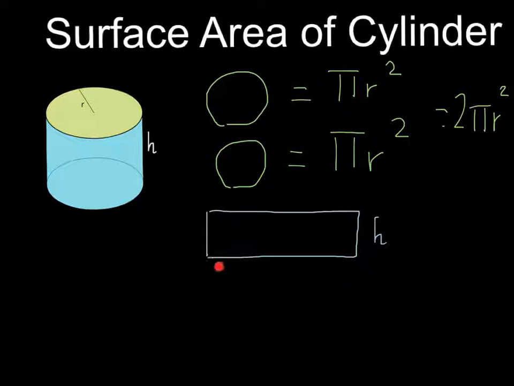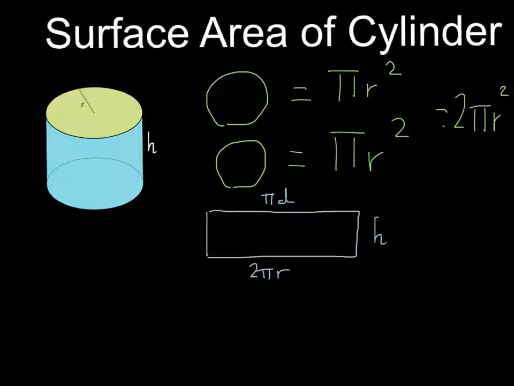But because it's rectangular, we need to find the length. What is the length? The length corresponds to what goes on around here. That is actually the circumference of the circle. The circumference can be found two ways: pi times the diameter, or 2 pi r.